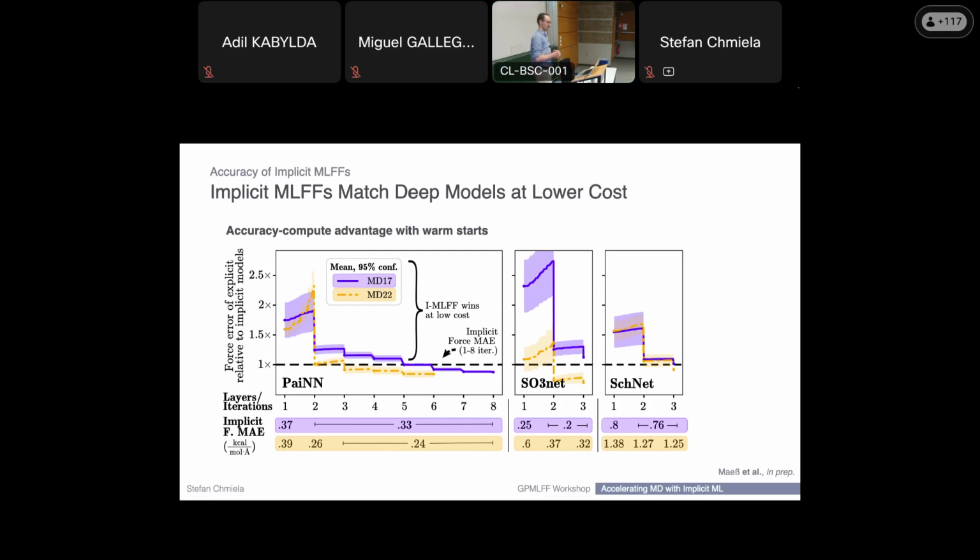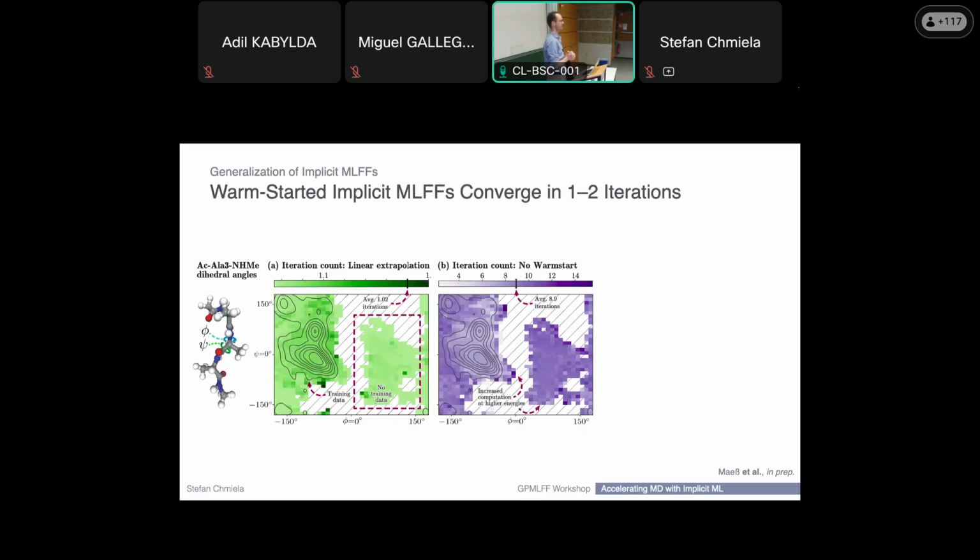Now, this is not the whole story, so we need to answer a few more questions. One of them is, if we convert an explicit model into an implicit one, do we actually lose some of the good generalization properties? We illustrate this with our analyses on this simple example of alanine dipeptide here.